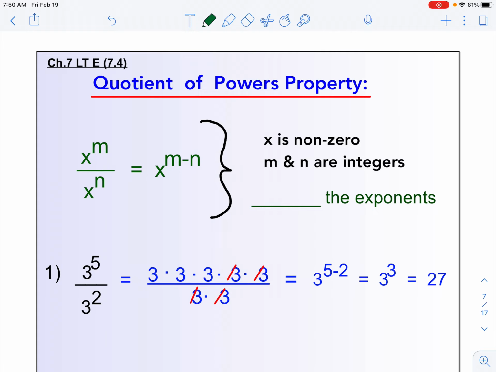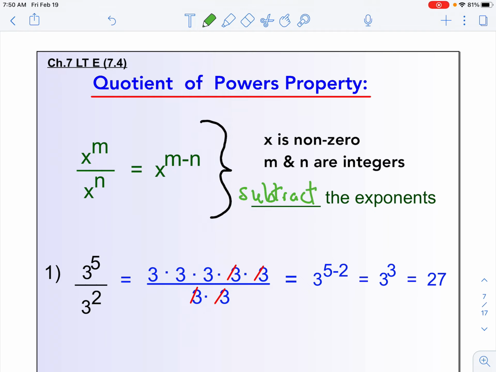So in general, x to the m over x to the n is going to equal x to the m minus n. So again, if x is non-zero and m and n are integers, then you are going to subtract the exponents when you divide.